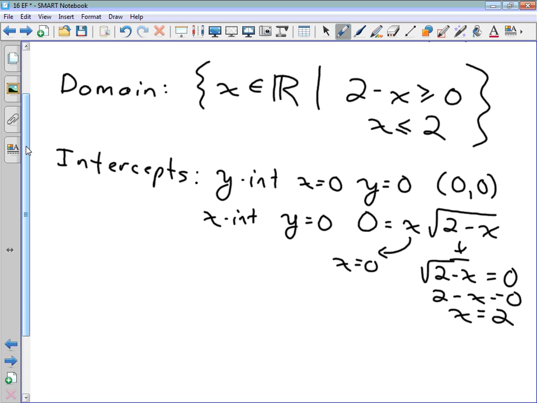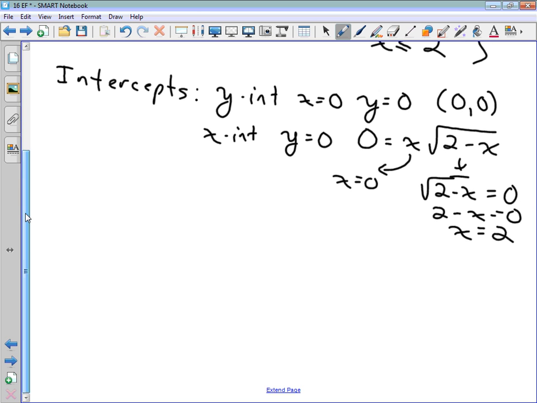X equals 2 is right at the very end of our domain. So these are both valid x values. So we've got two x-intercepts. I'm just going to write them as points over here. 0, 0, and 2, 0.